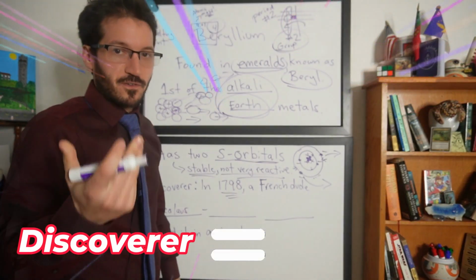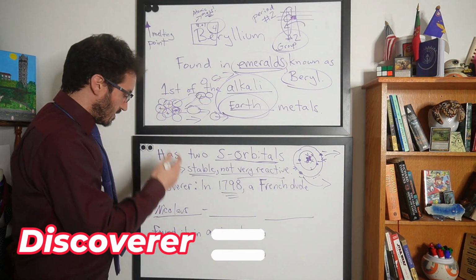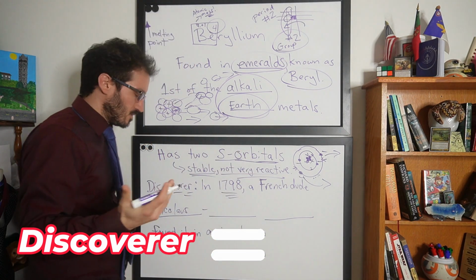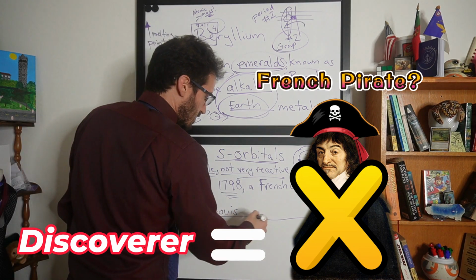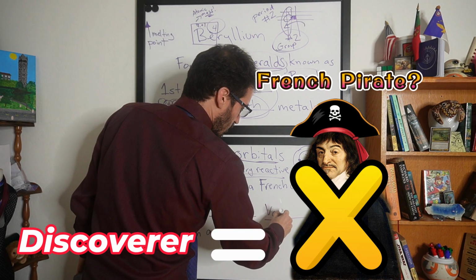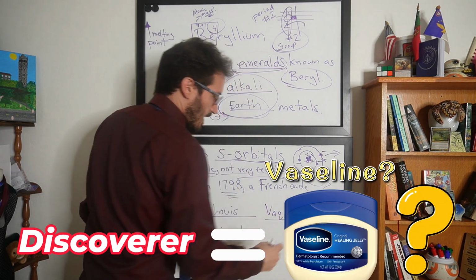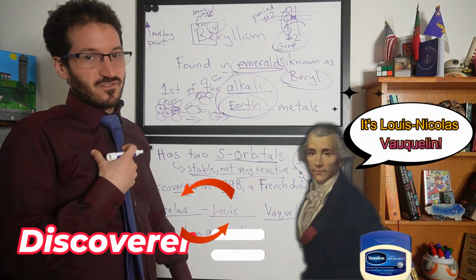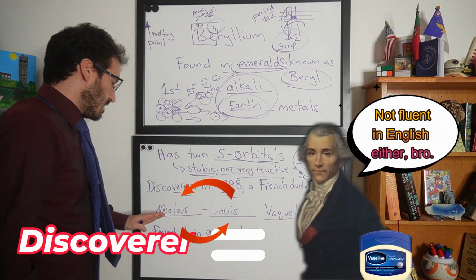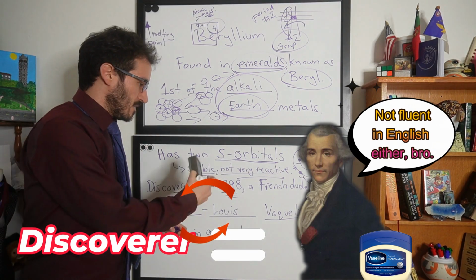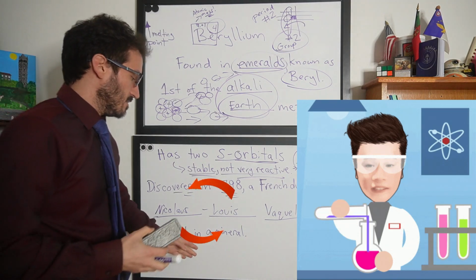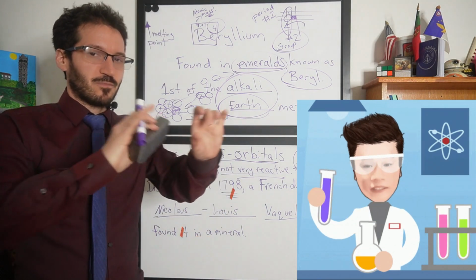And our discoverer of beryllium, our final point here, in 1798, was a French guy named Nicolas Louis Vauquelin, I don't know how to say his name. I'm not fluent in French, as it were. Anyway, this French chemist found it in a mineral, and he discovered it, but he did not separate it out.